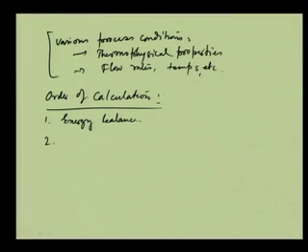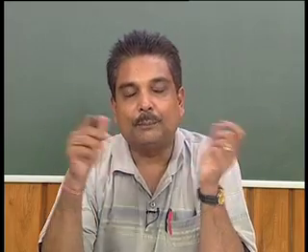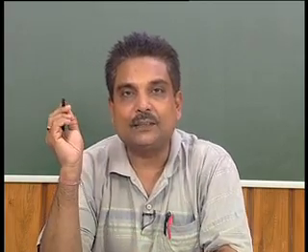Then we have to see the LMTD estimation, and in double pipe it is usually counter flow, because we have already discussed that counter flow usually gives better heat exchange, due to maintenance of a uniform delta T all through the heat exchanger, and that is particularly true when we have a double pipe heat exchanger.